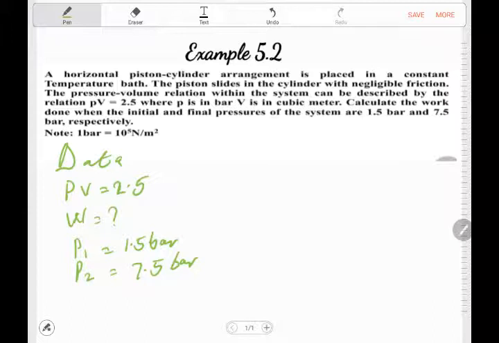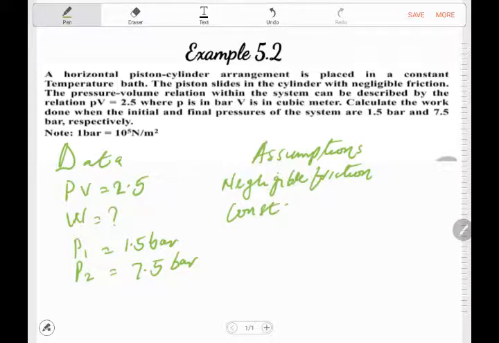We are also given some hints about the assumptions that we can make. We are told that we have negligible friction, which means reversible work, and we have constant temperature.